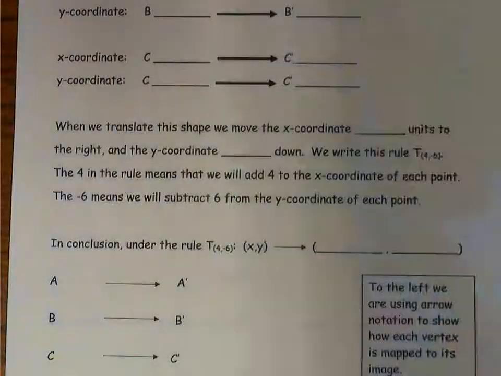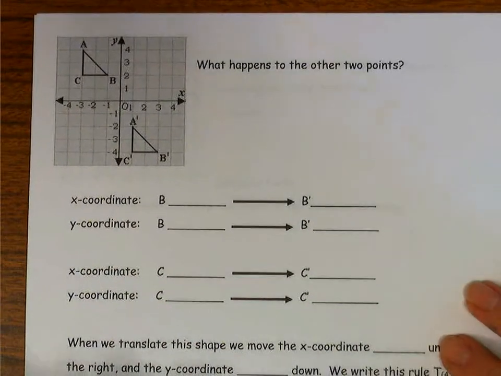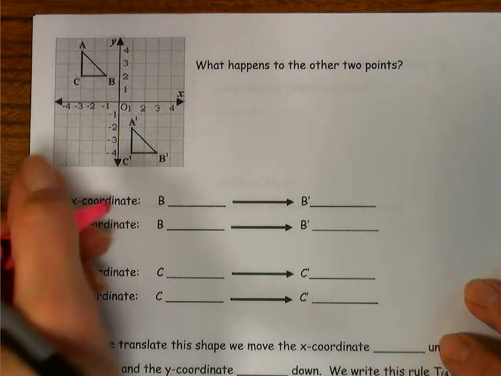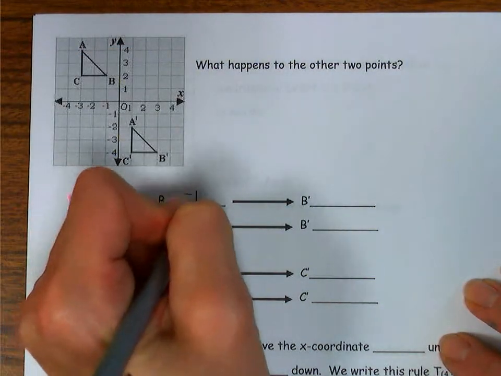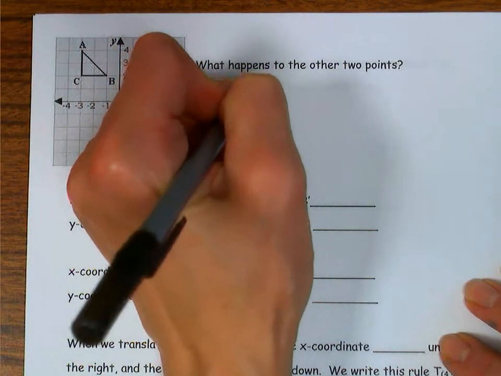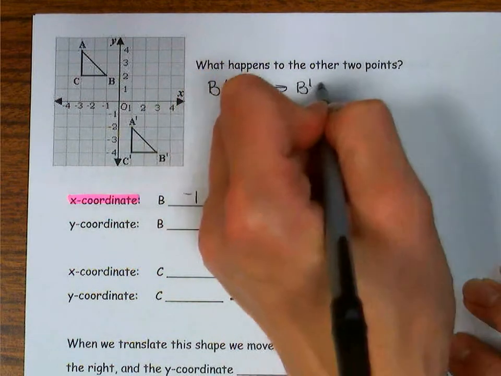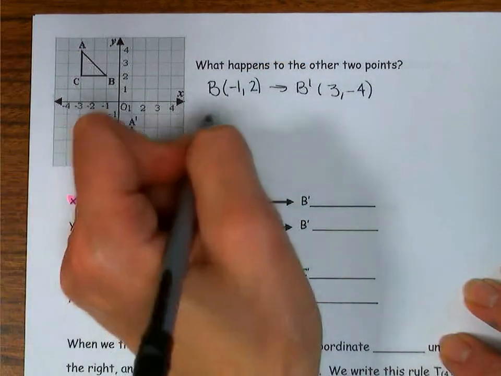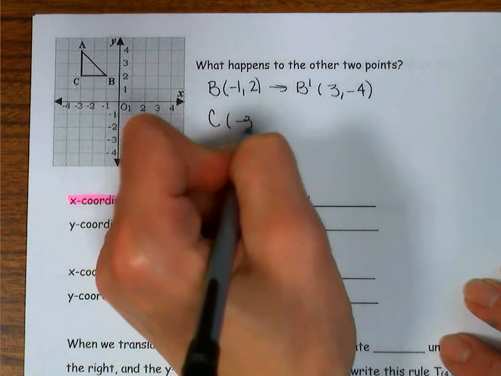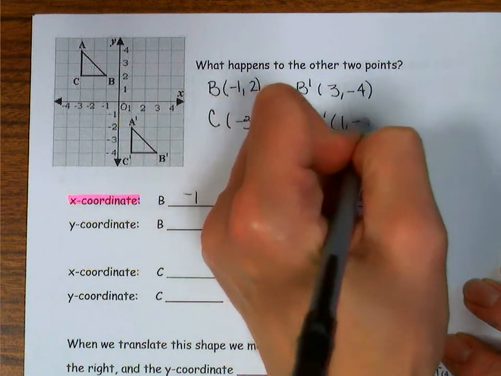So let's take a look at the rest of those points as well. So now I have my X coordinate of point B. So my X coordinate of point B happens to be a -1. So the coordinates of B are -1, 2, and B prime happens to be +3, -4, and C happens to be -3, +2, and C prime is 1, -4.